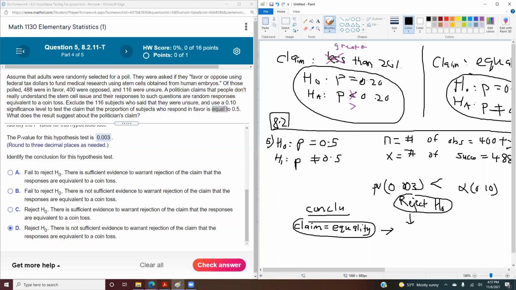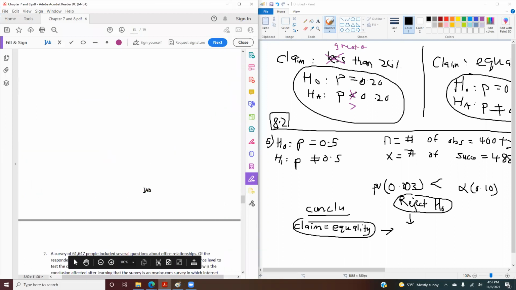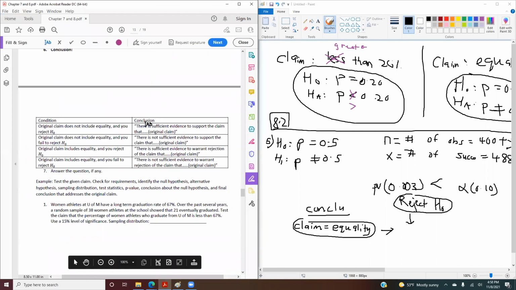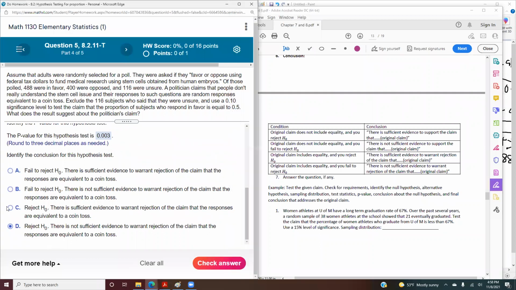So based on the table that we have, which one are we picking, 1, 2, 3, or 4? It's 3. So your answer in this case is there is sufficient evidence to warrant rejection. Can someone tell me which one is the correct answer here, C or D? Because we are rejecting.